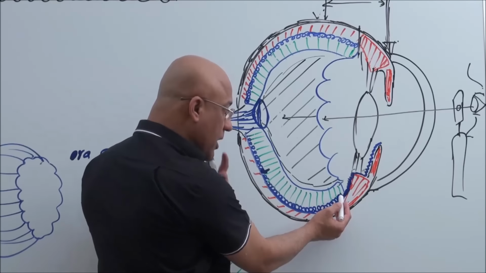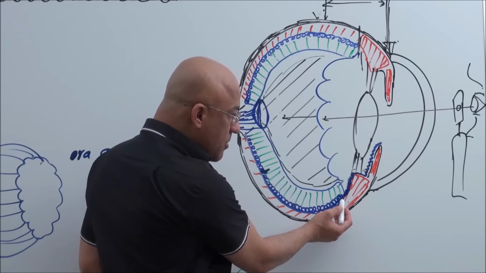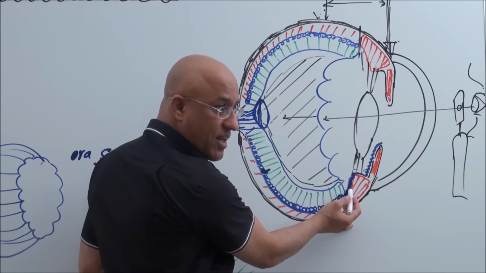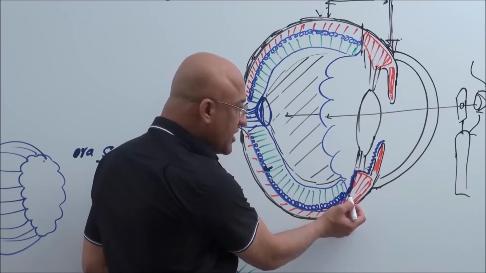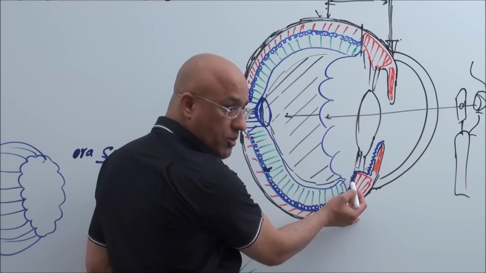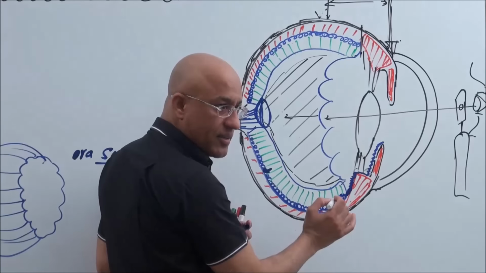The light-sensitive part of the retina terminates at the ora serrata, and there the pigment epithelium continues anteriorly as the inner epithelial layer of the ciliary body and the posterior epithelial layer of the iris.